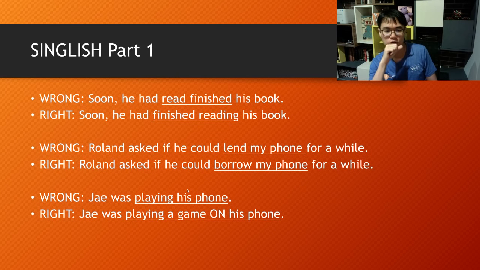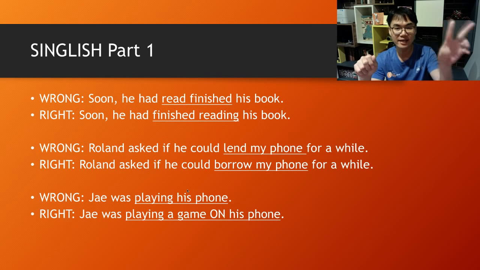Third, you like to use the words play his phone, play a prank. Now, you must understand that this is Singlish because playing always comes with a preposition. So, playing a game on his phone. Playing a game in the park. Playing a game on the television, on the PlayStation.